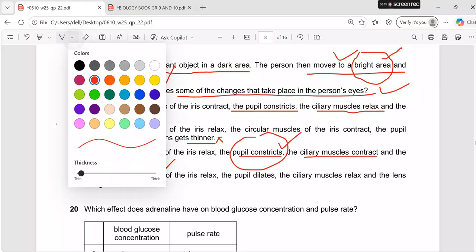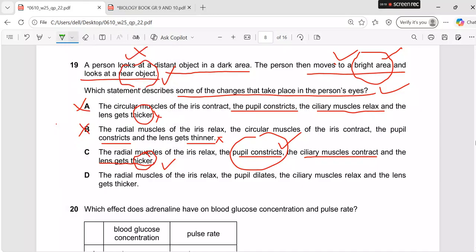Let me change the color for a while. Okay, yeah. For example, you are moving to bright light and you are watching something near. So you need two things, pupil constriction and the lens thicker. So most probably C, but still there is one more option, D, which we need to rule out.